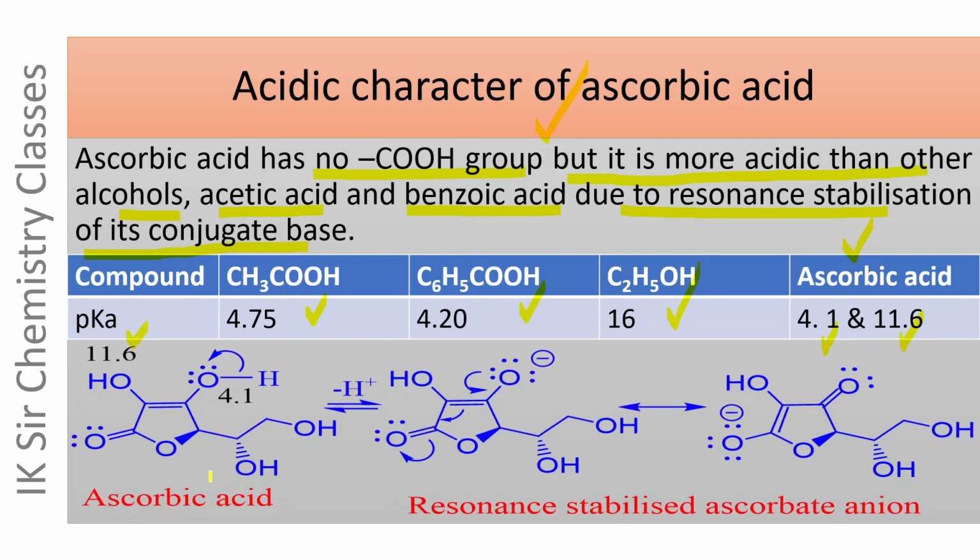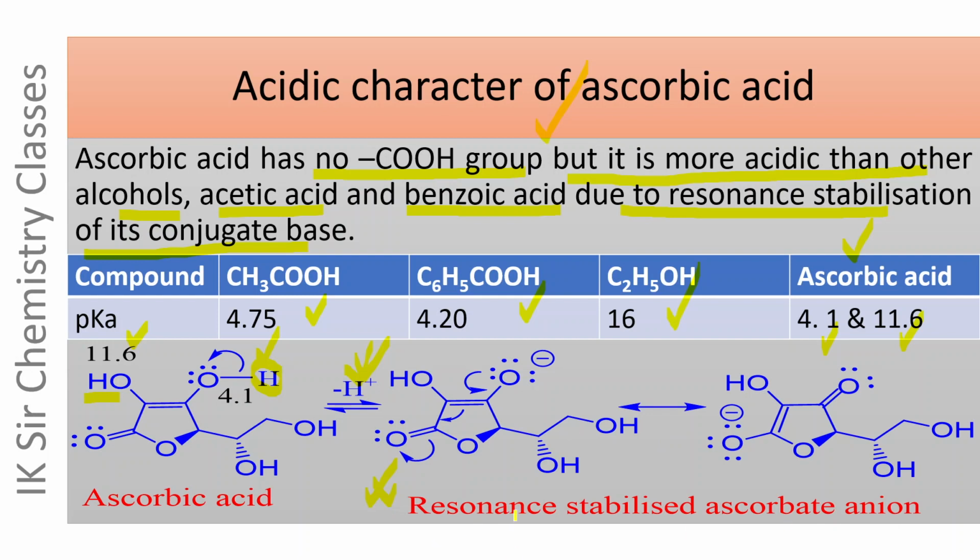This is ascorbic acid. The pKa value of this OH group is 4.1, while the pKa value of this OH group is 11.6. When this hydrogen atom is removed as H plus ion, ascorbate ion is formed, which is the conjugate base of ascorbic acid, and this ascorbate ion is stabilized by resonance.